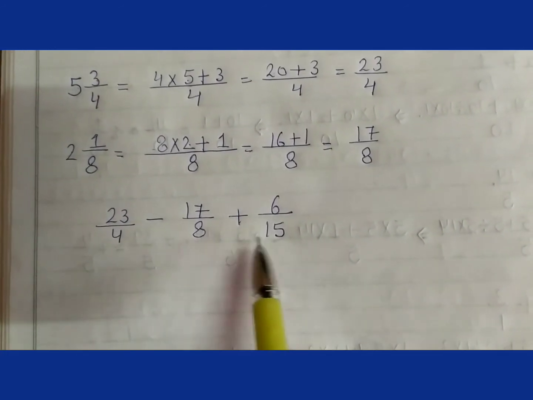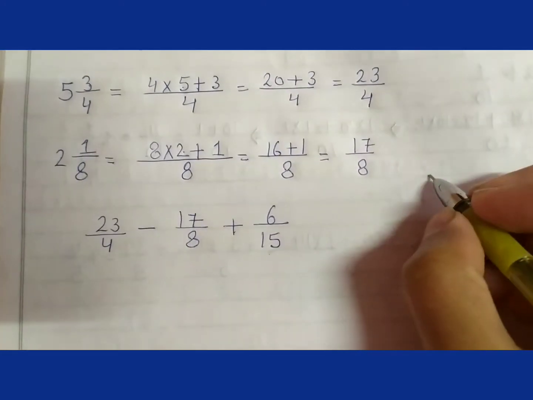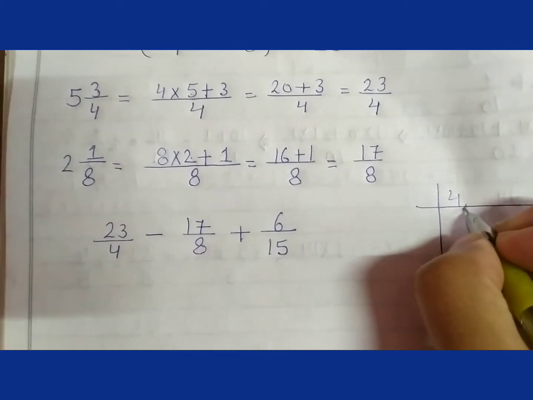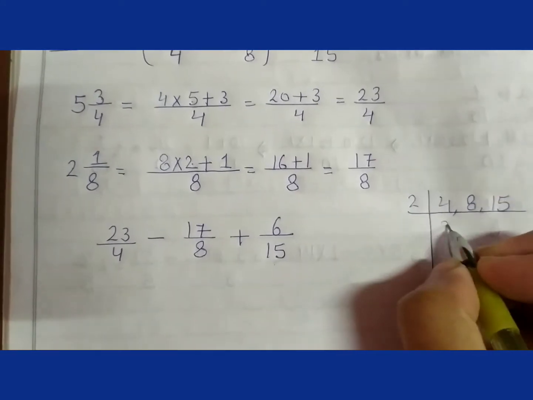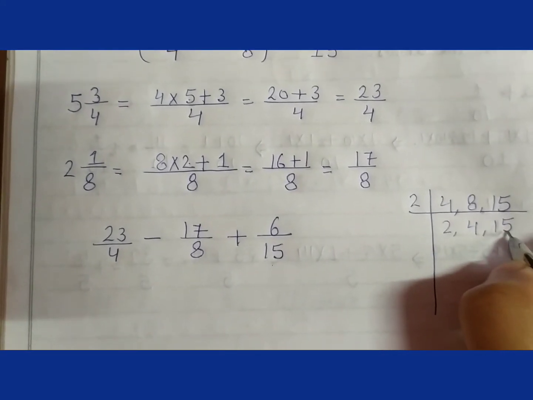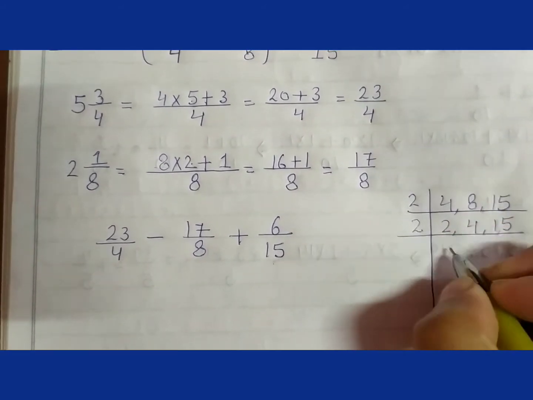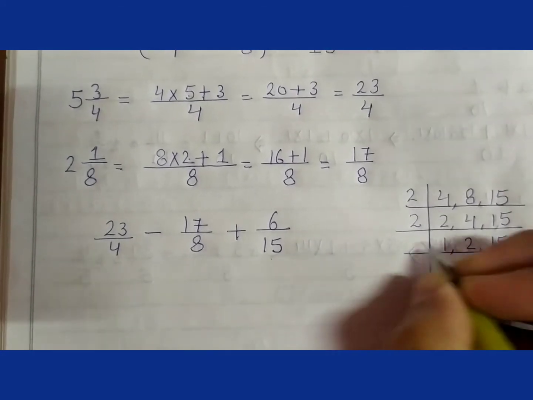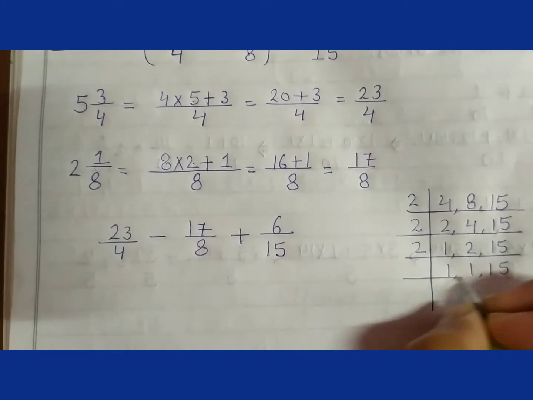Children, denominators are not same. So find out the LCM of 4, 8, 15. 2 2s are 4, 2 4s are 8, 15 as it is because it is not divisible by 2. Again write 2, 2 1s are 2, 2 2s are 4, 15 as it is. 1 as it is, 2 1s are 2, 15 as it is.